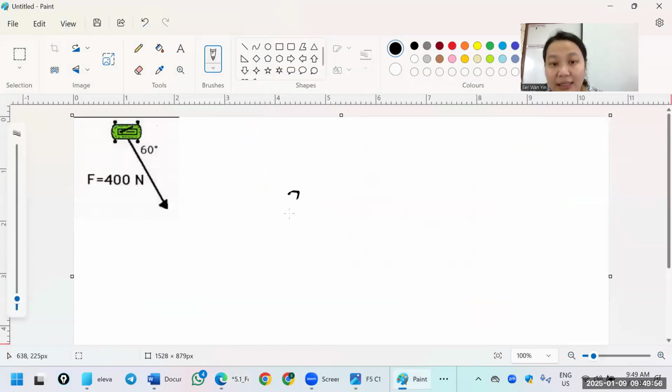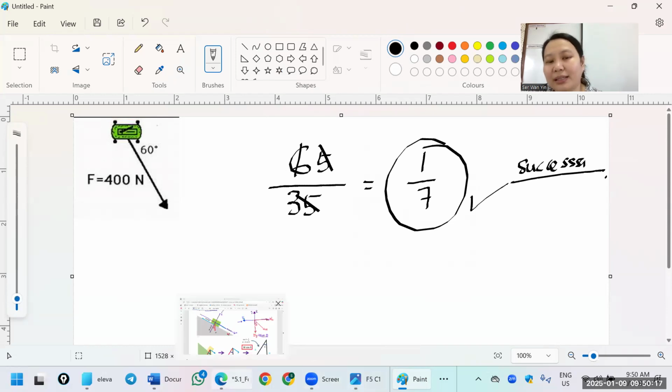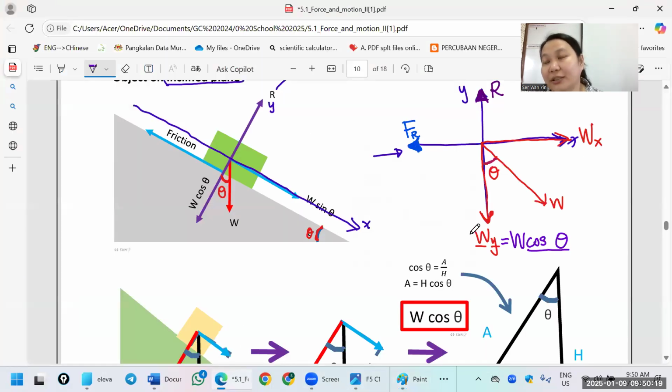Now see our class, 35%, then 6%, no, 5% come. So you already get probability 1 out of 6. Sorry, 1 out of 7. Congratulations, today you succeed. Still better, I won't call lah. Just kidding lah. Still better than those who are absent. I hope they really have their study plan lah.